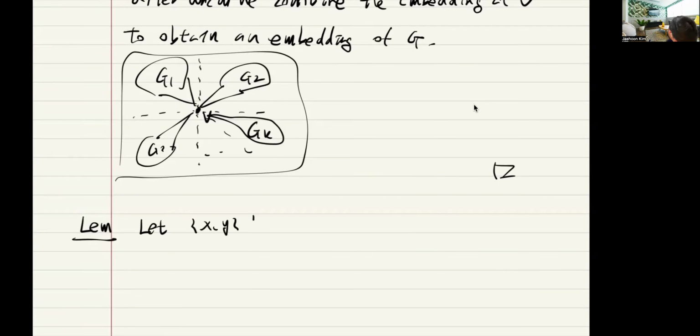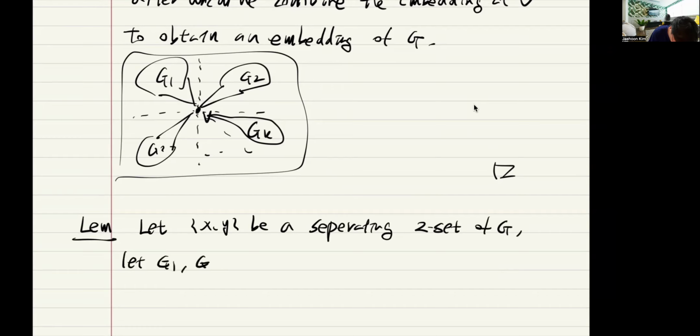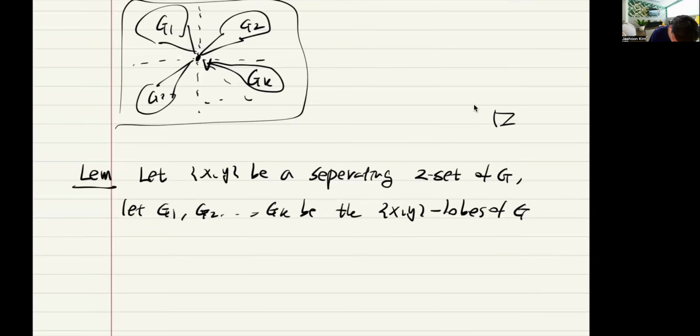Let {x, y} be a separating set of size 2 of G, and let G1, G2, ..., Gk be the xy-lobes of G, and let Hi be Gi union with the edge h. You add an edge h between x and y.